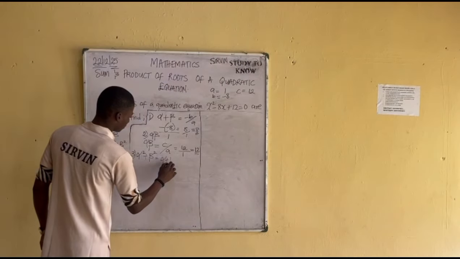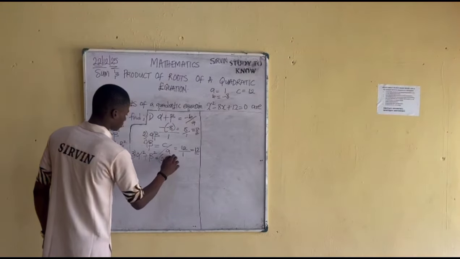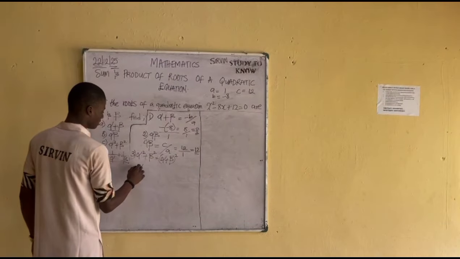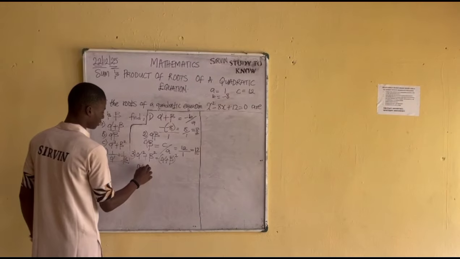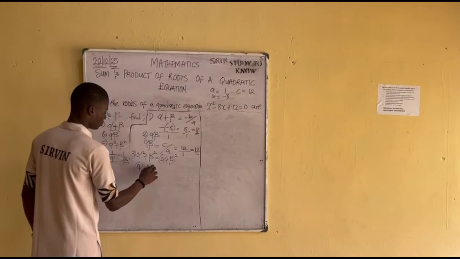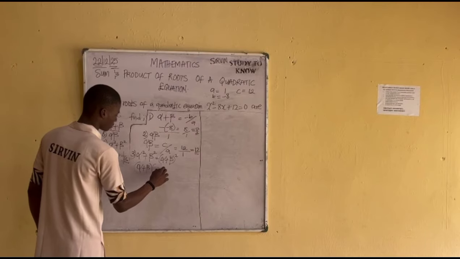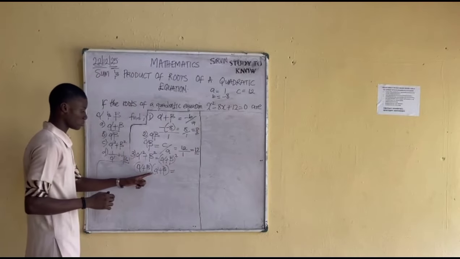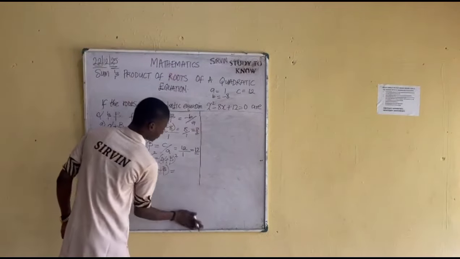alpha plus beta all squared, which is the same as saying alpha plus beta times alpha plus beta. So I will now open the bracket.